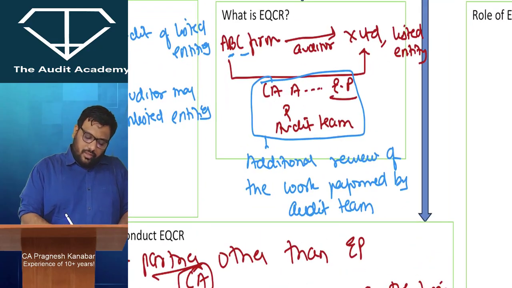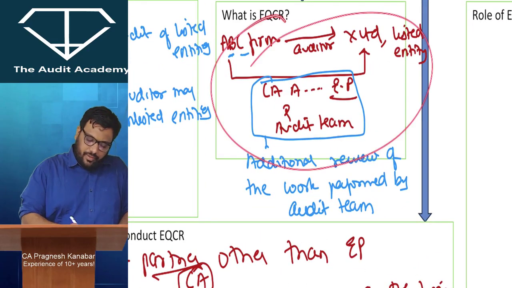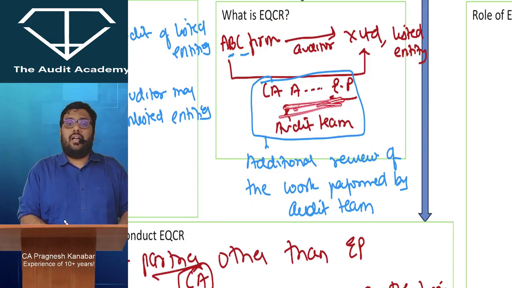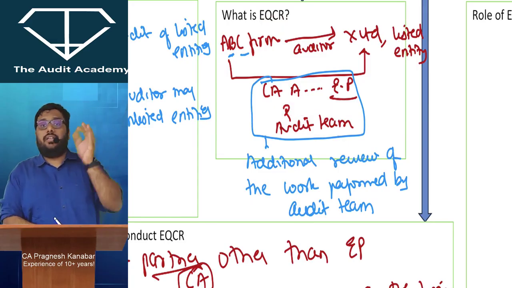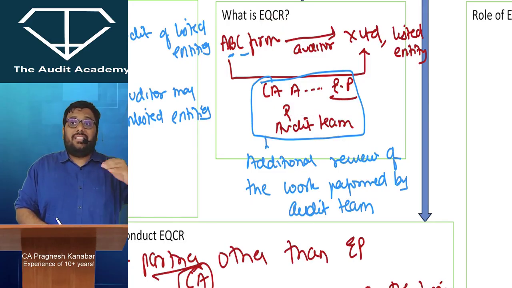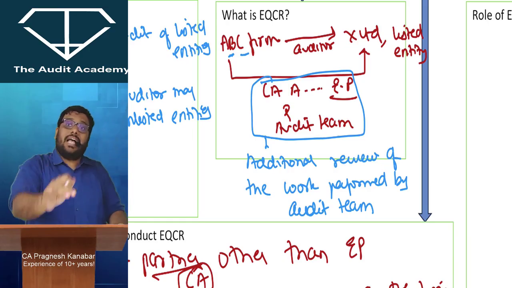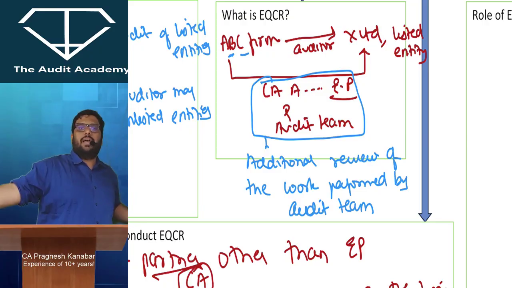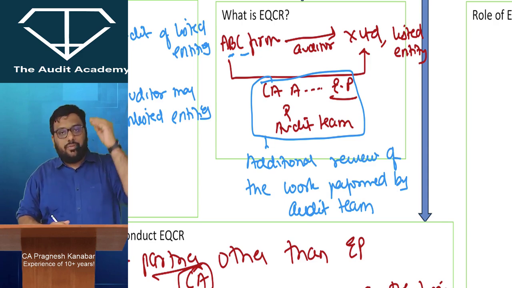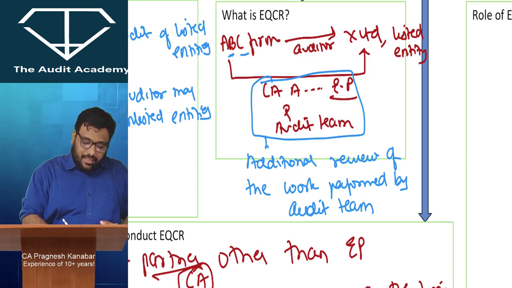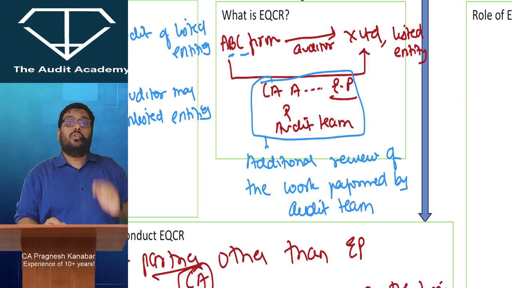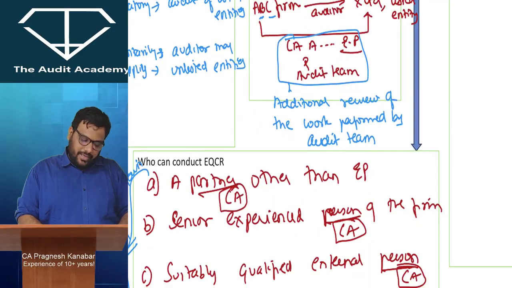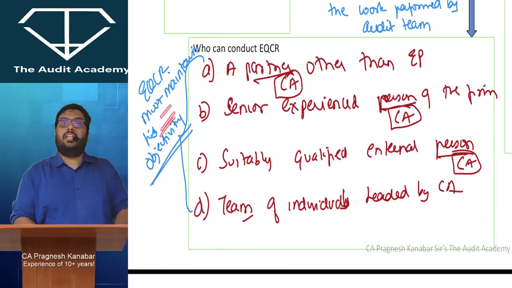This is a case study, and the engagement partner continuously seeks the guidance of the engagement quality control reviewer. Imagine you are asking the examiner to help you in writing your paper. Come on, that is not going to work. So the engagement quality control reviewer cannot participate in the audit, because he has to review the work. So that is one point, that the engagement quality control reviewer must maintain his objectivity.